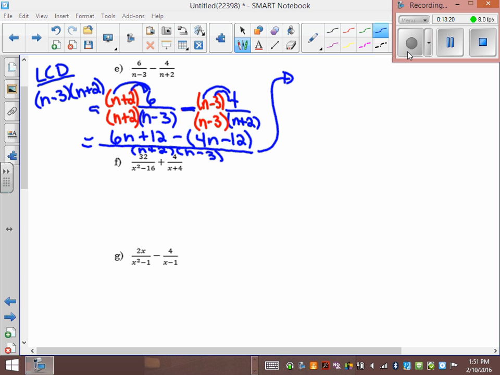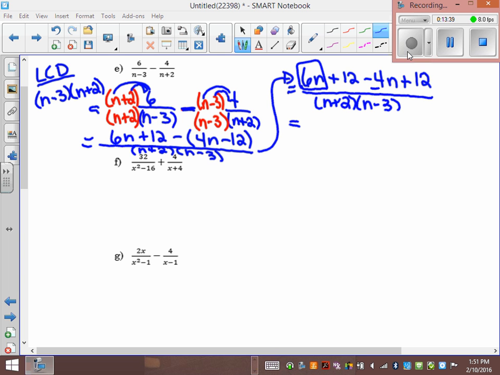On the top, I would get 6n plus 12 minus 4n plus 12, because you have to distribute that negative, all over n plus 2, n minus 3. And so you get 6n minus 4n is 2n, 12 plus 12 is 24.